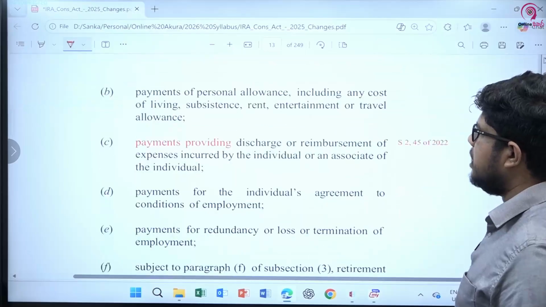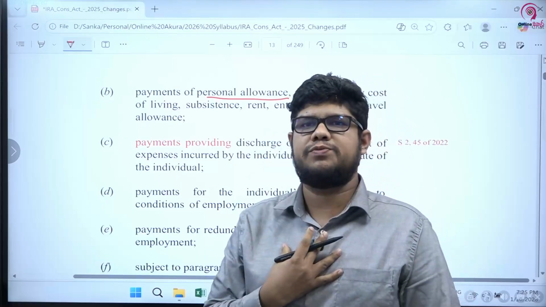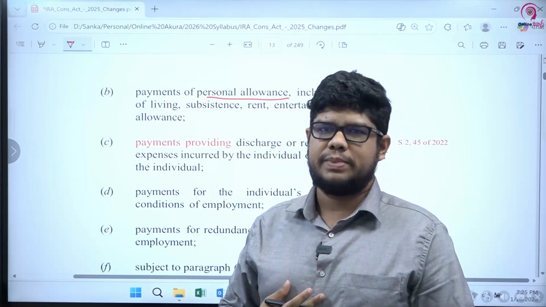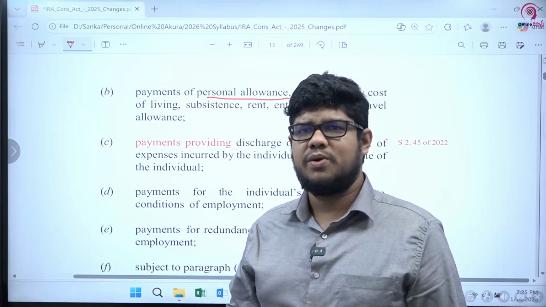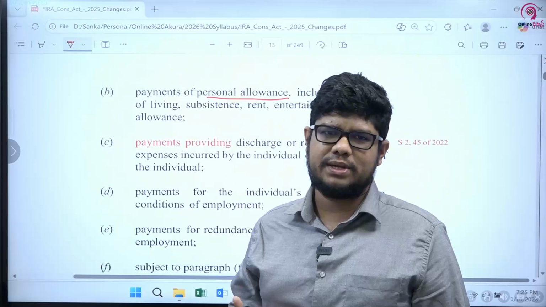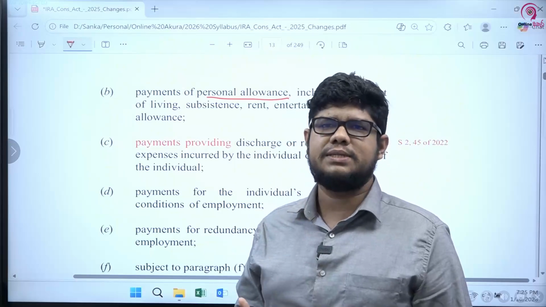Let's come to the next item. Payment of personal allowances. There are many allowances that you receive from your employers: economic allowances, budgetary allowances, traveling allowances, night shift allowances, communication allowances. There are a number of allowances in companies.